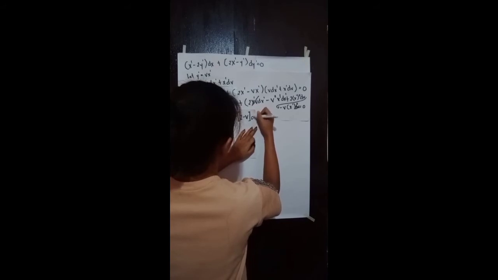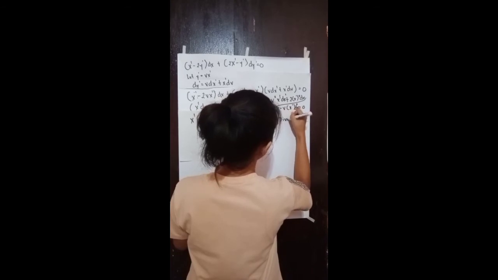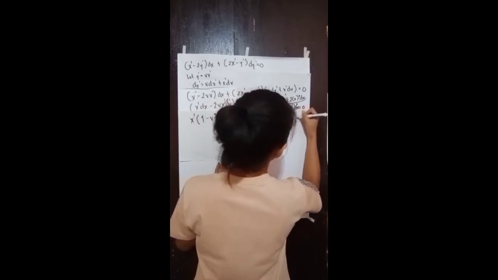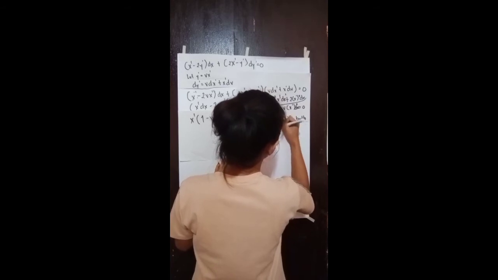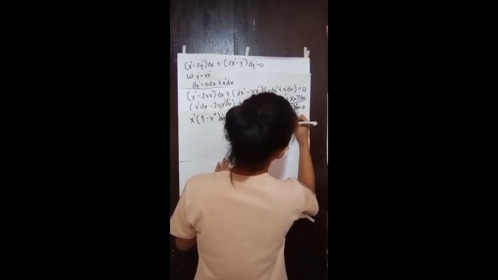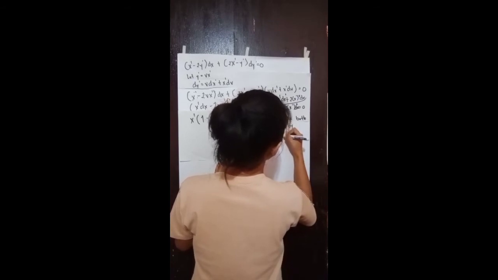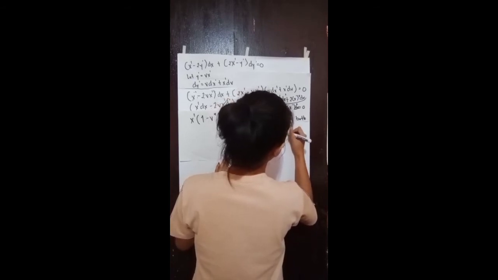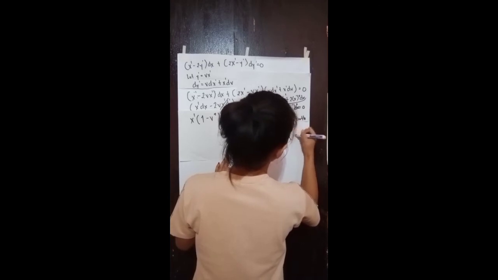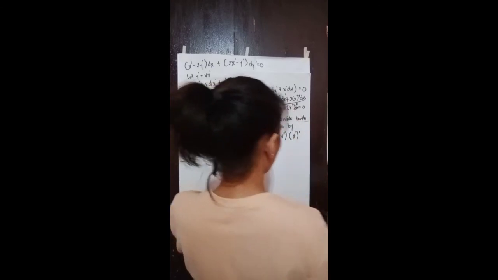equals 0. So we divide both sides by the quantity of 1 minus v squared and the quantity of x prime squared.